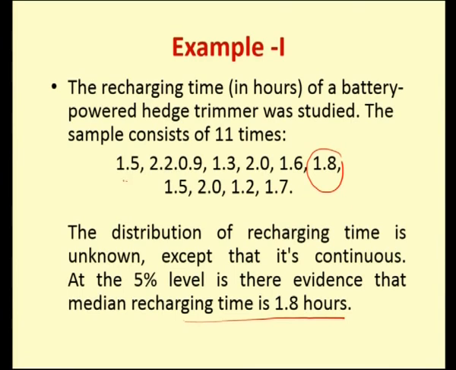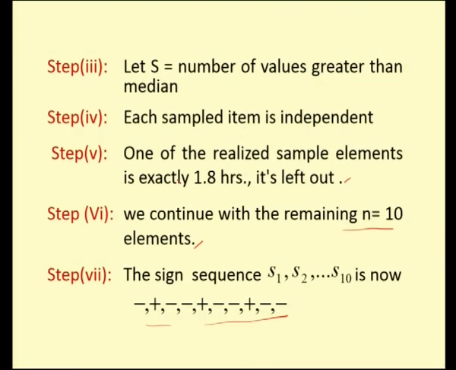When you take the first observation 1.5, you take the difference. It is lesser than 1.8, so it becomes negative. Then 2.2 is greater, so as you compare the values, you will have minus, plus, minus.